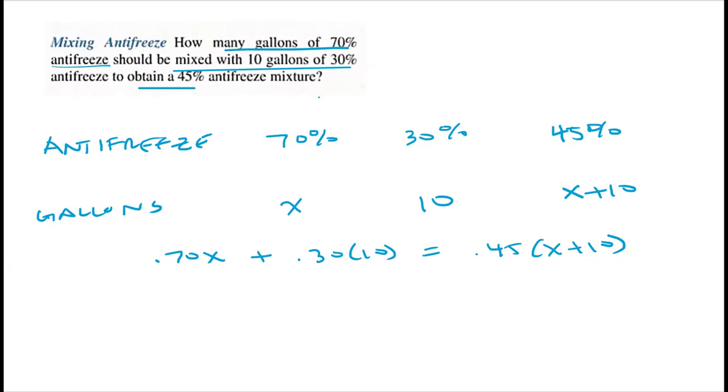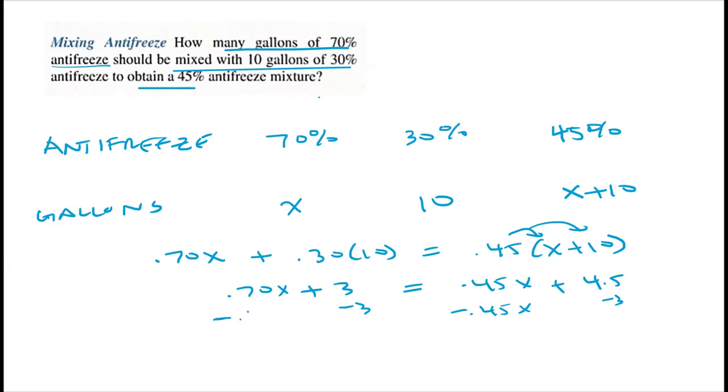Then I simplify. 0.70x plus 3, because 0.30 times 10 is 3, equals, then I distribute, 0.45x plus 4.5. Then I combine like terms.